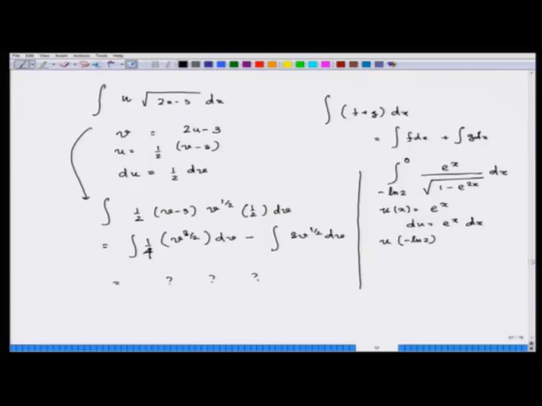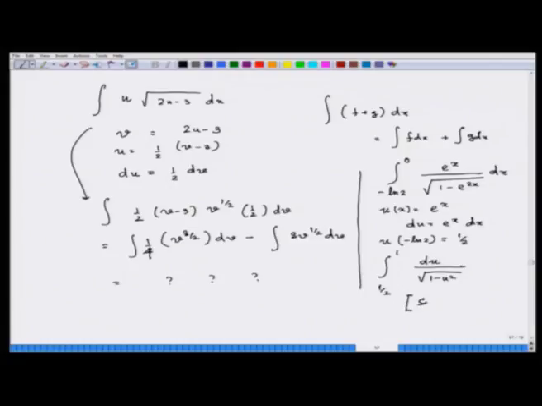You have to understand that now I am changing over from x to u, so these end points have to be also in terms of u. This is nothing but half, and e to the power 0 is 1. So, basically this integral will become the integral from half to 1 of du over root over 1 minus u square.